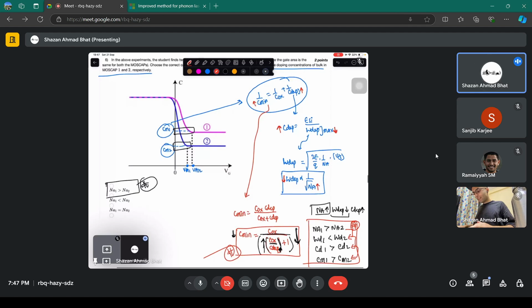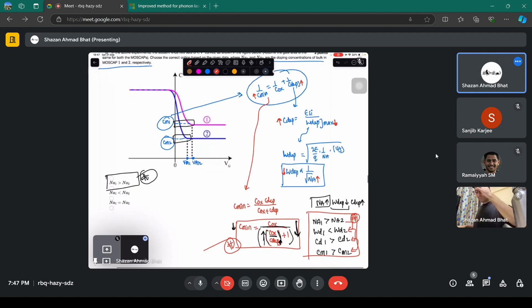And threshold voltage also increased, but let's not evaluate it in terms of threshold voltage. Otherwise, you could have evaluated in terms of threshold voltage also, because the threshold voltage is phi ms minus the interface charge divided by oxide capacitance plus the depletion charge divided by Cox.